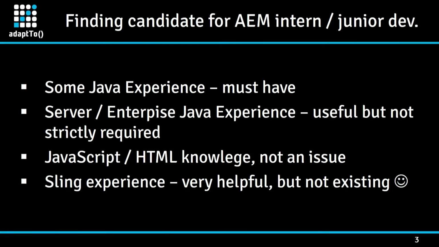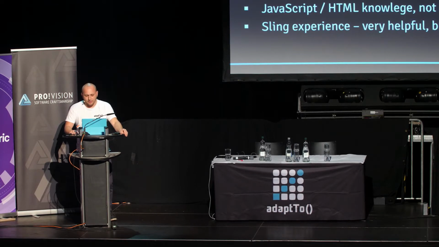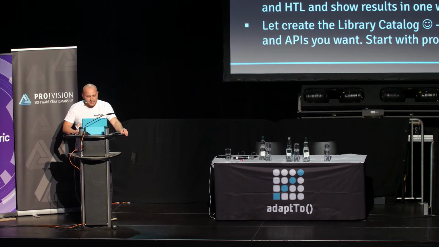So I created some requirements, like for example Java experience, which is not very difficult to find. There are a lot of people with Android Java experience, but this typically is fine. Server and enterprise Java experience is not very common, in my opinion. JavaScript and HTML are fine. Sling experience would be very nice, but I never found anyone with Sling experience.